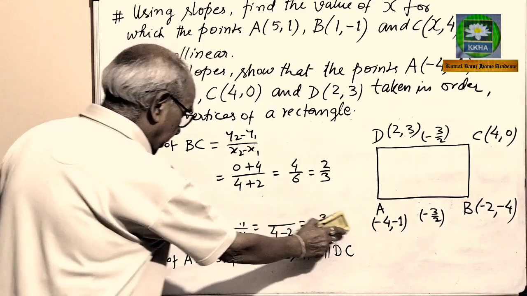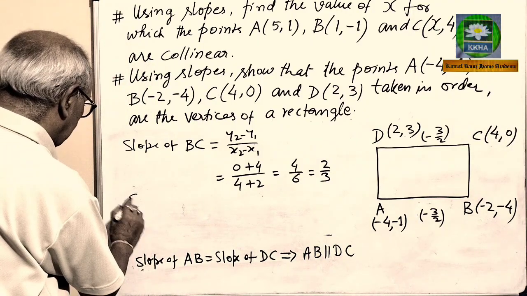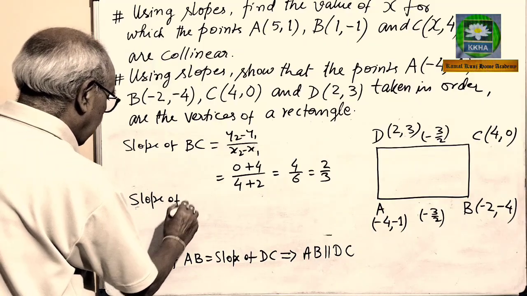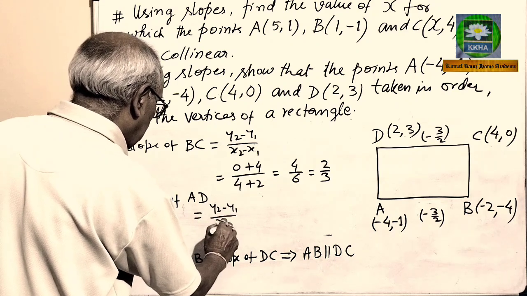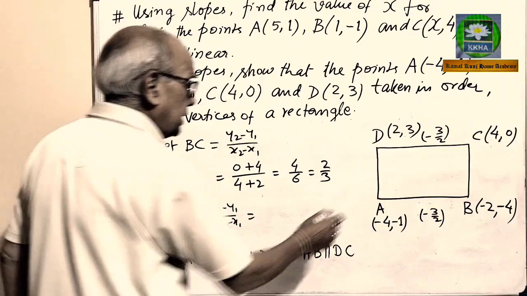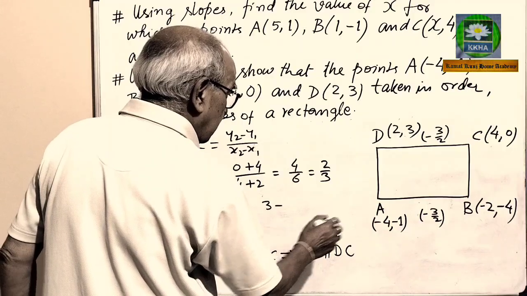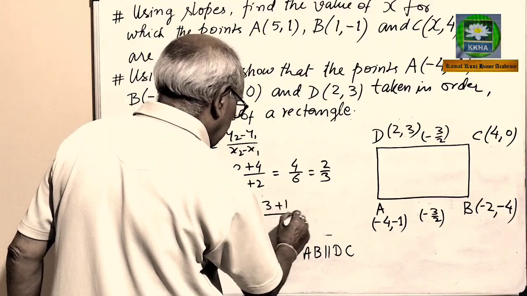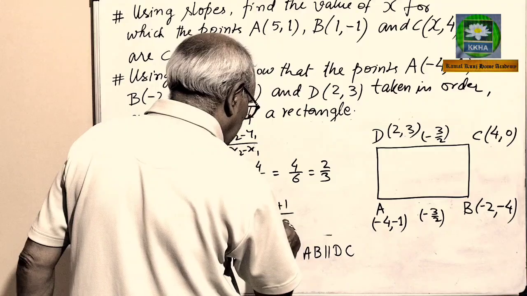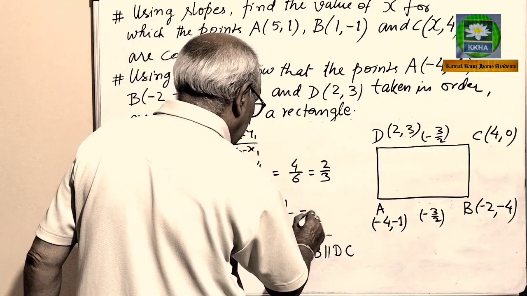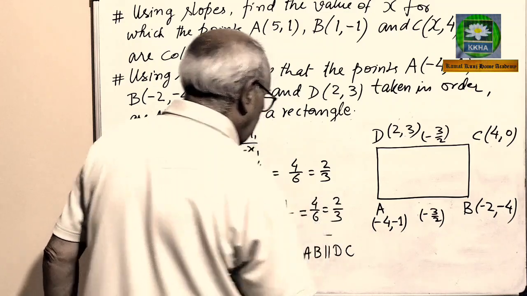Slope of AD is y2 minus y1 upon x2 minus x1, which is equal to here 3 minus minus 1 is plus 1, upon 2 minus minus 4 is plus 4. This is 4 upon 6, equal to 2/3.